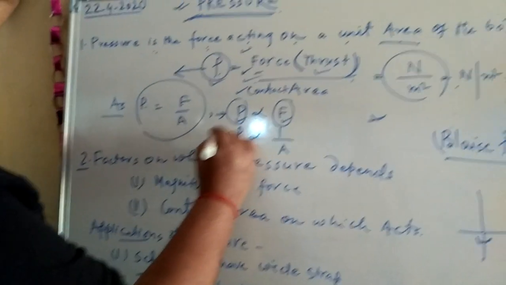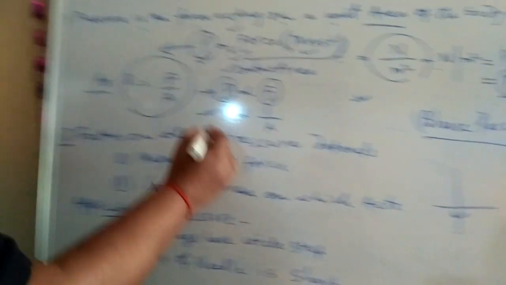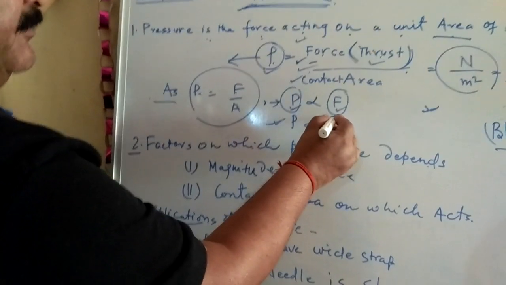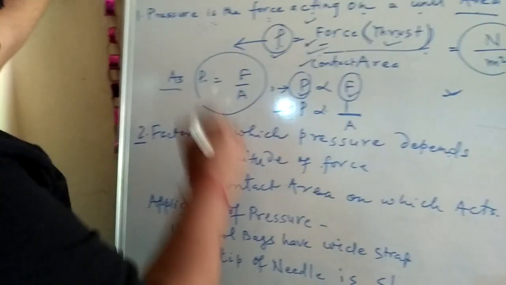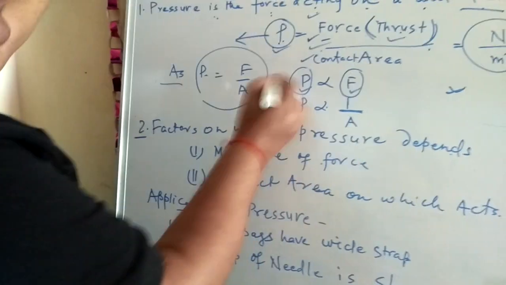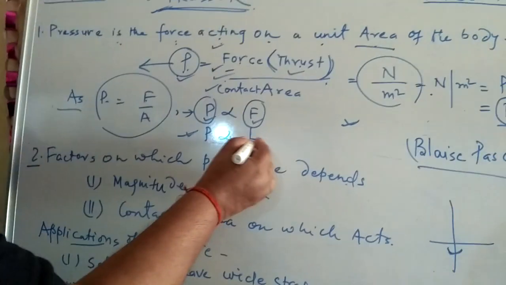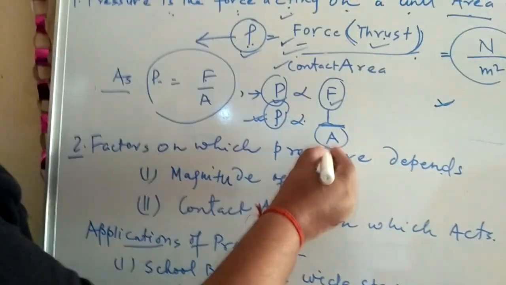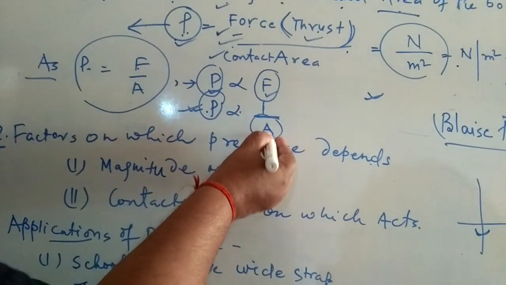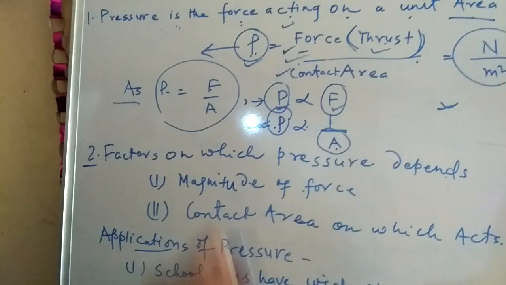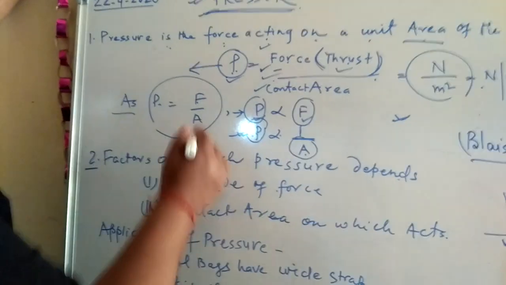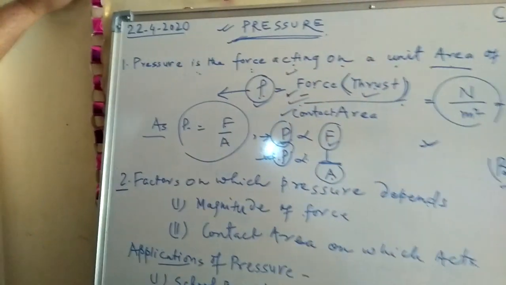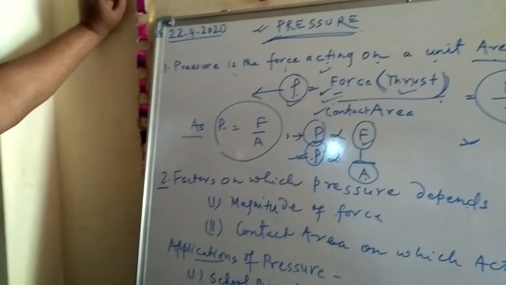And in the second relation, P is inversely proportional to contact area. It means when the contact area is more, the pressure is less. When the pressure is more, the contact area is less. In this way, these physical quantities correlate with each other.